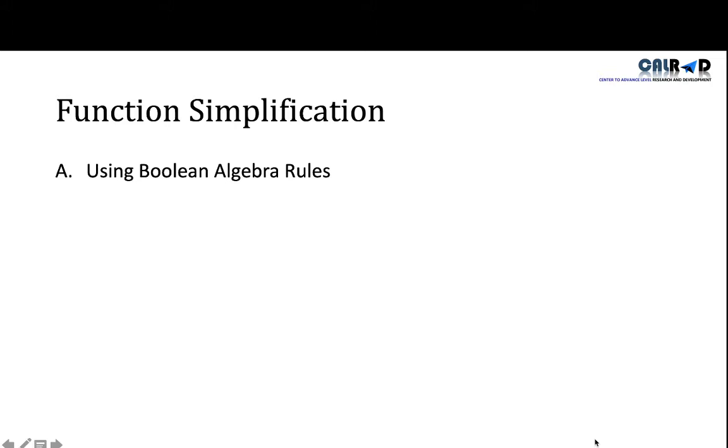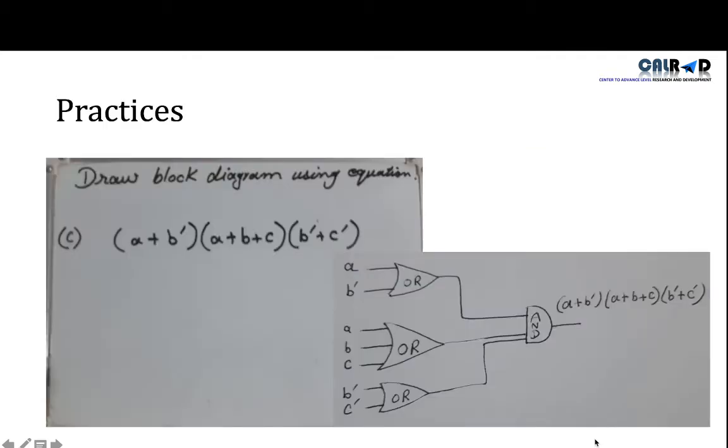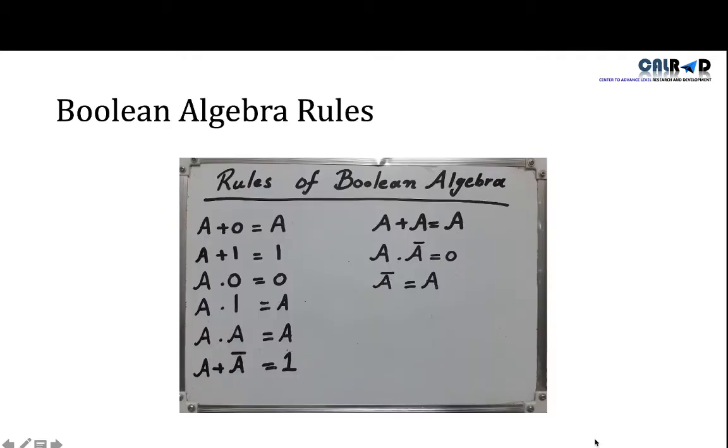So now we will be using these Boolean rules for the simplification. There are a lot of simplification methods, and some are like Boolean expressions rules, some are from the truth tables, but we will start with the Boolean algebra rules.